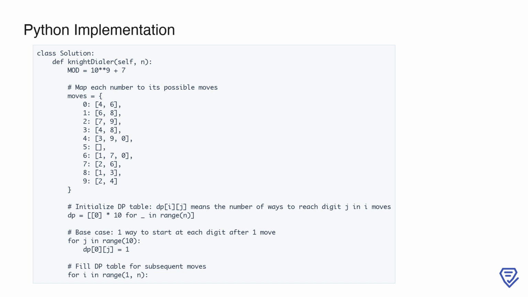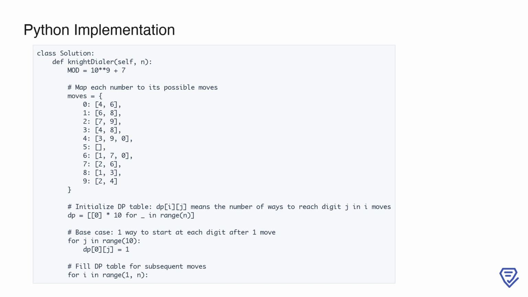Following that, we initialize a dynamic programming table dp as a 2D list. Here, dp[i][j] represents the number of distinct ways to reach digit j in exactly i moves. Initially, the table is filled with zeros. To handle the base case, we know that for the first move, there is exactly one way to start at any given digit.